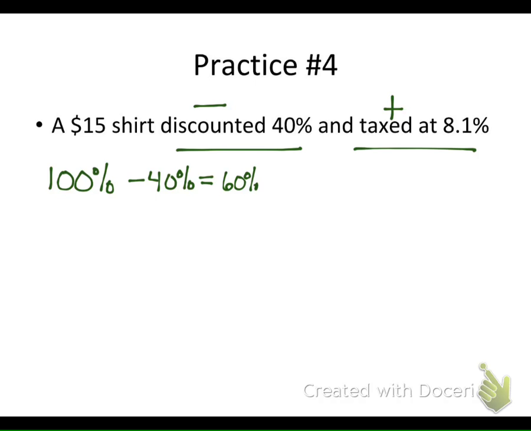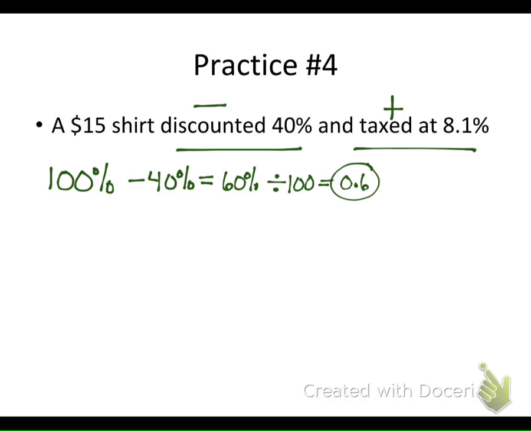What do I change this percent to? Step 3, decimal. Yeah, I change it to a decimal. How do I change it to a decimal? Divide by 100. Okay, what's 60% divided by 100? 0.6. I'm going to circle it because it's my first multiplier. Okay, so I did steps 1 through 3 and got my first multiplier.